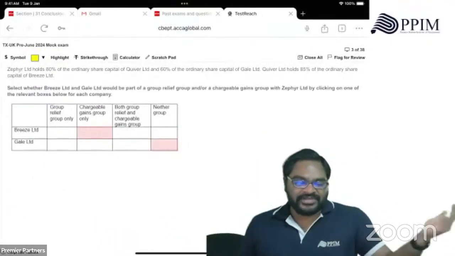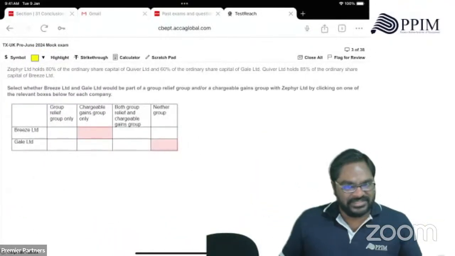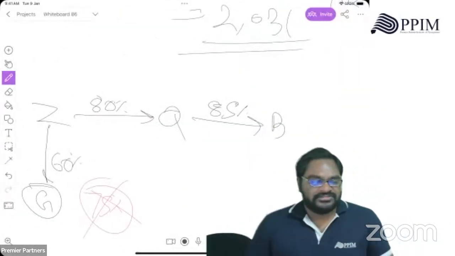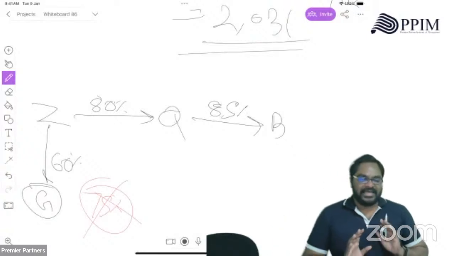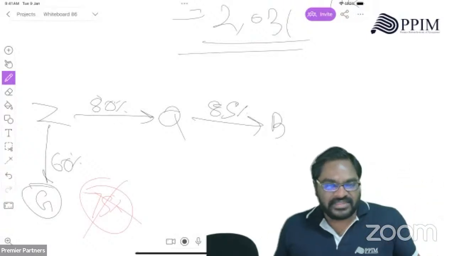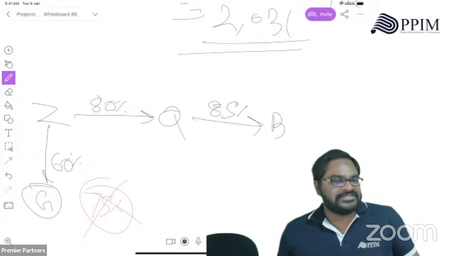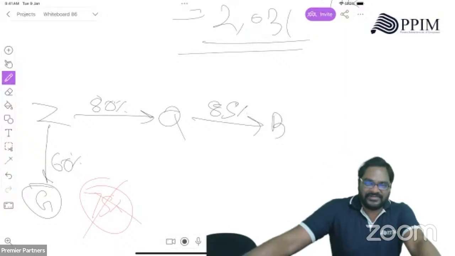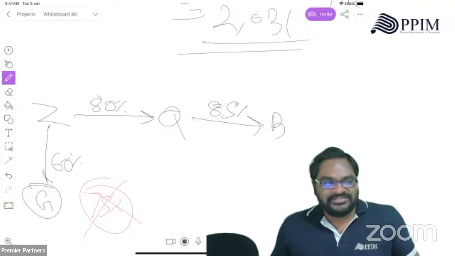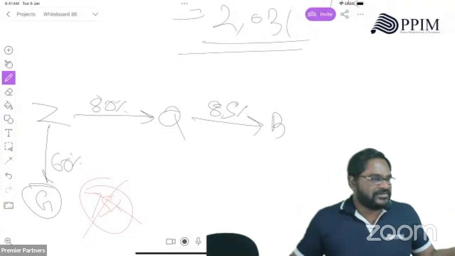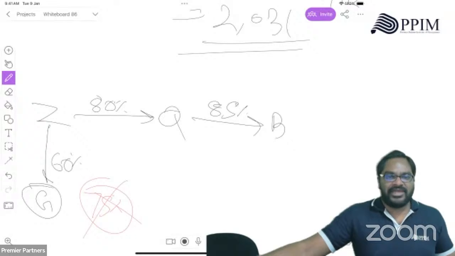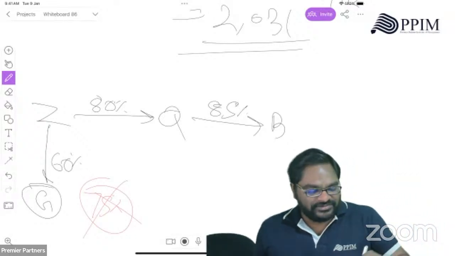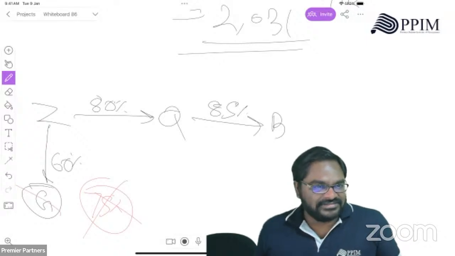Agree? Z doesn't have the effective 75% ownership of G. Therefore, if you don't have the 75% ownership structure, you cannot be a part of a group relief group or the chargeable gain group. So G is out. We agree with that?